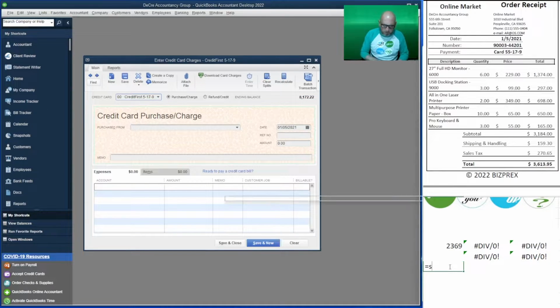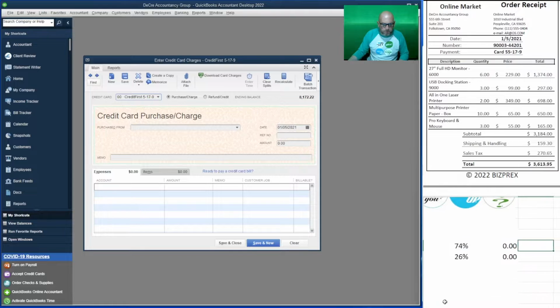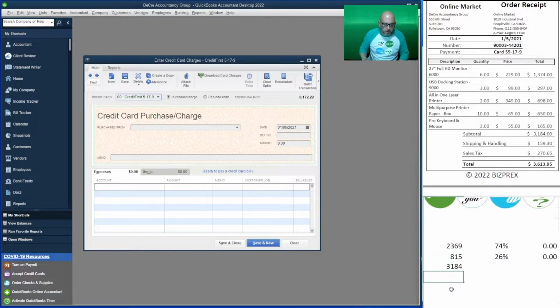All right, and this is our sum. So this is our percentage, right here. And then shipping and handling, right? That's 159.30 plus 270.65, right? So we're going to allocate it. We're going to expense this portion and capitalize this portion.